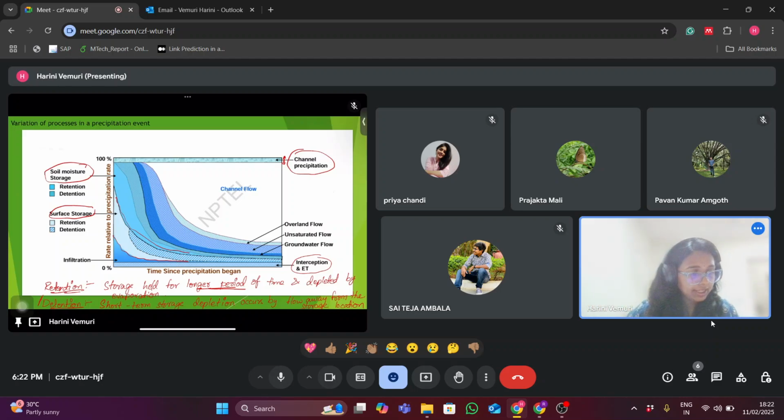Also, we have three more terms called overland flow, unsaturated flow, and groundwater flow. All these terms will lead to channel flow.